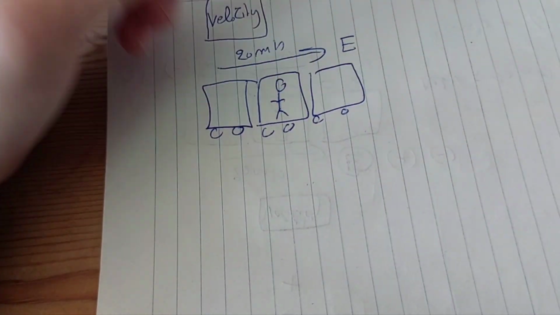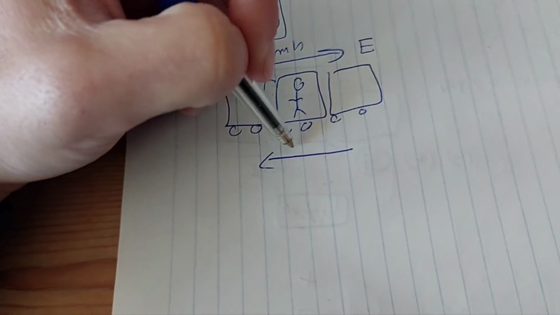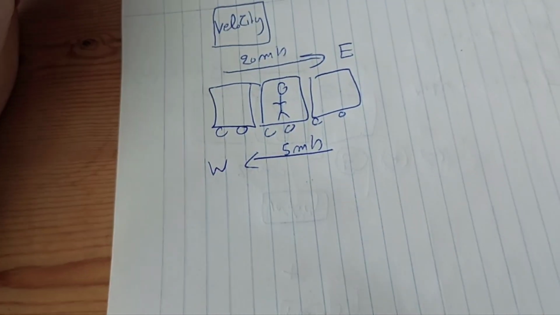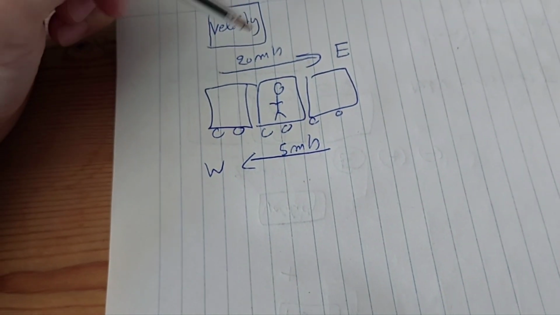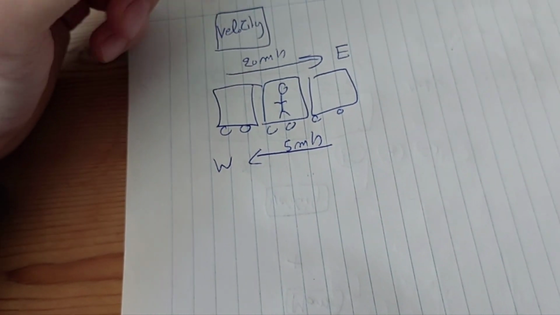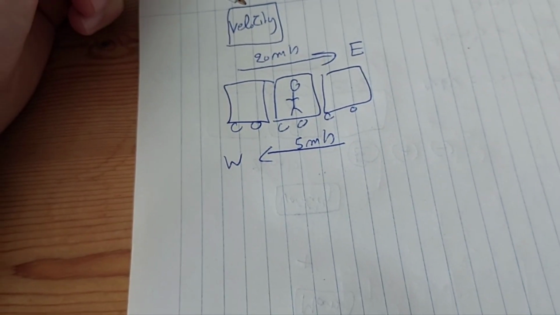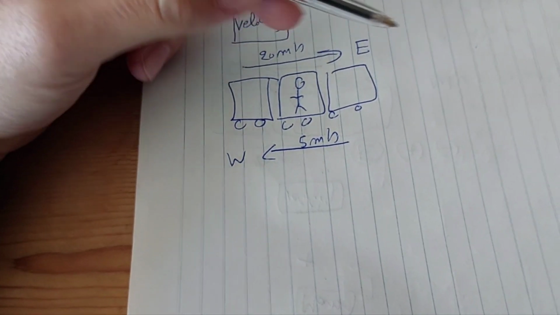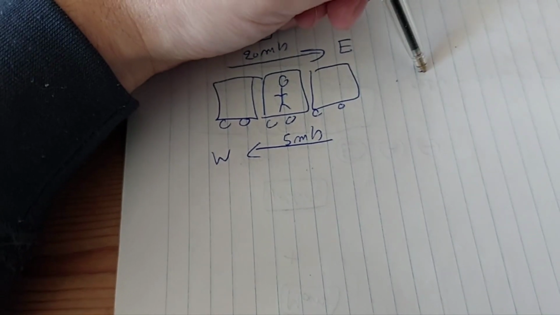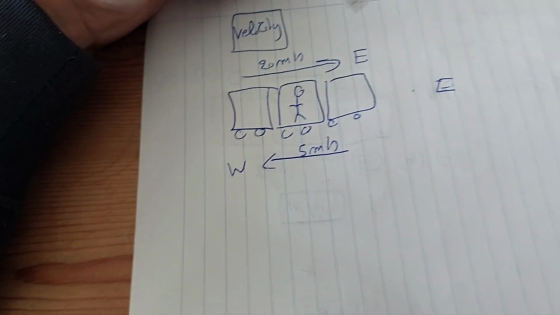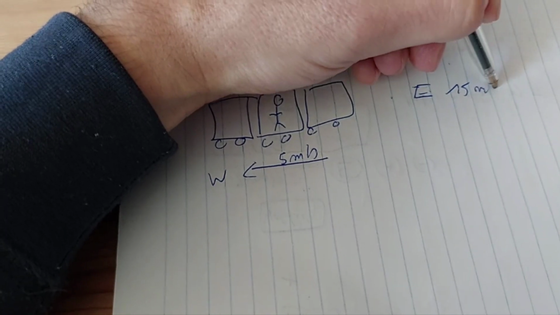He's walking to the left, so to the west, with, let's say, a velocity of 5 meters per second. So what's going to happen is we have two velocities, and the person is going to have a net velocity. So what will that be? Well, we'll go to the east eventually. The net direction is to the east with a velocity of 15 meters per second.